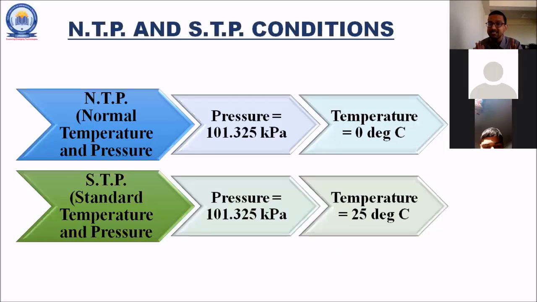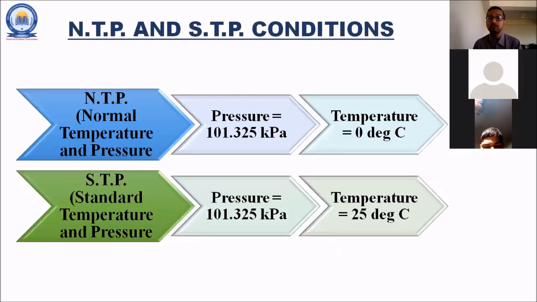Moving further to the last point of this session, that is the NTP and the STP conditions. NTP stands for normal temperature and pressure, in which the pressure value is 101.325 kilopascal and temperature is 0 degrees Celsius.